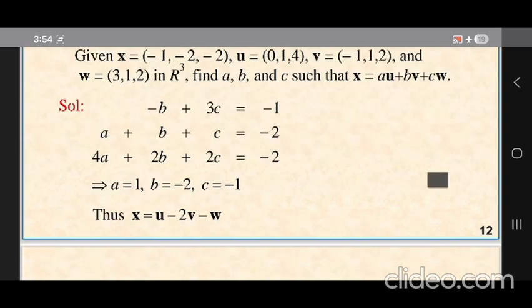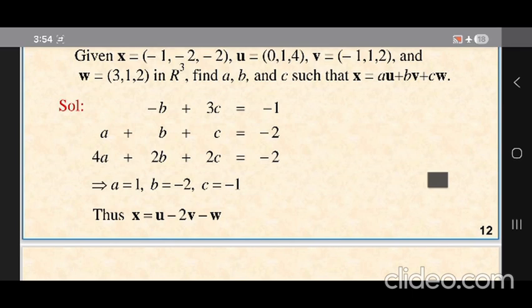Solution. The equation is x equal to au plus bv plus cw. All the values are substituted in this equation. The first element of the x vector is minus 1, so minus 1 equal to, writing the right hand side there: the first element of the u vector is 0, so 0 into a is 0.